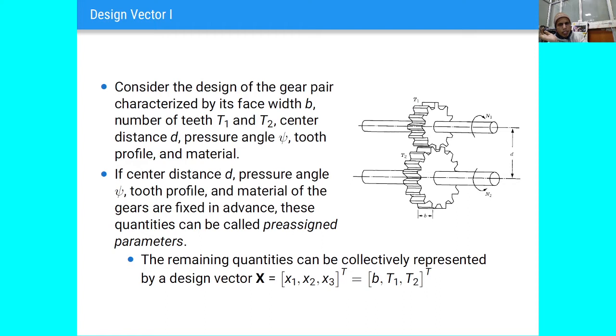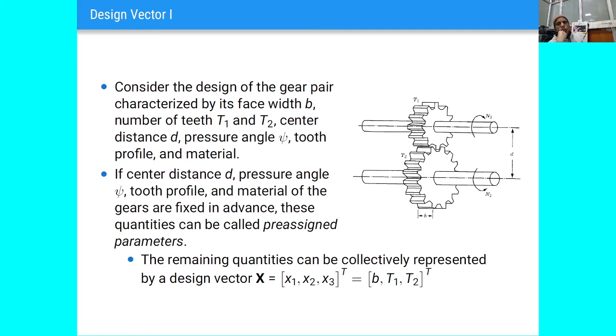I will take one example of a gear pair, a matching of two gears, with number of teeth T1 on gear 1 and T2 on gear 2. The distance between the centers of these two gears is d, then there is the pressure angle psi, tooth profile and material.